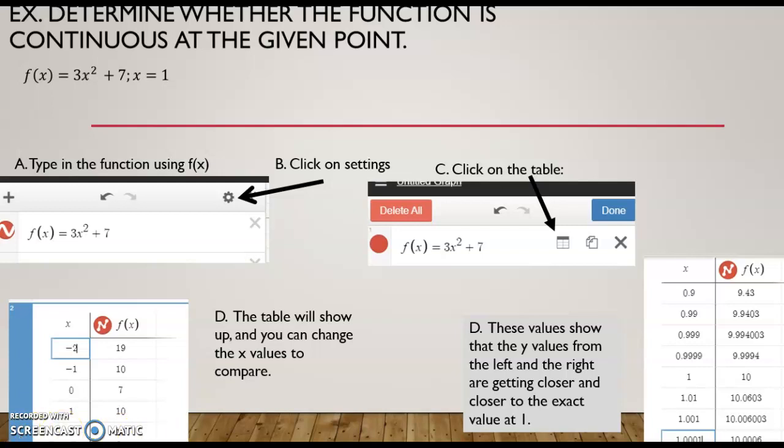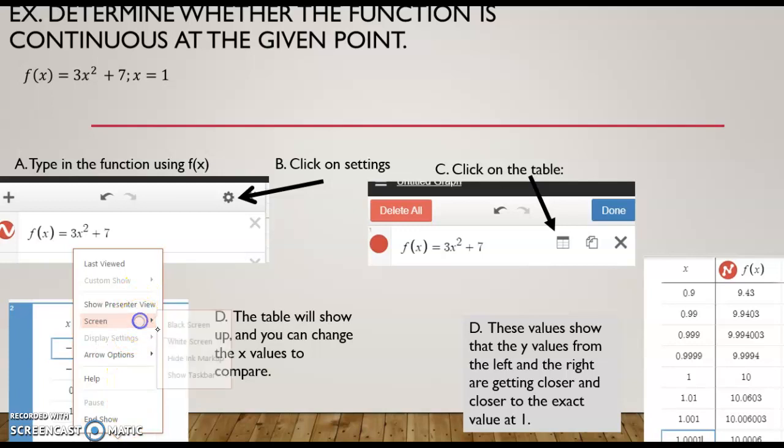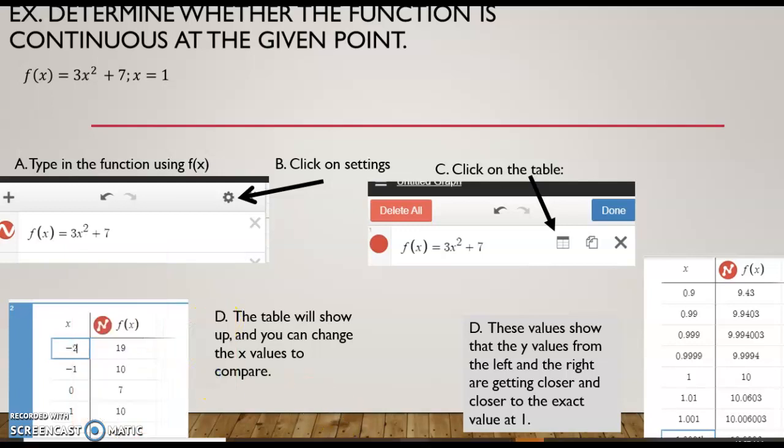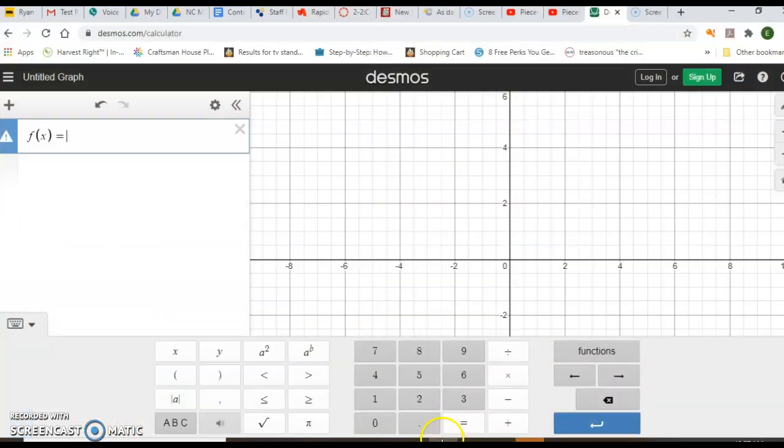So we're going to put that in right here. 3x squared plus 7.